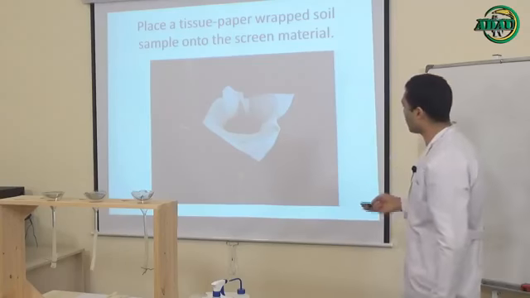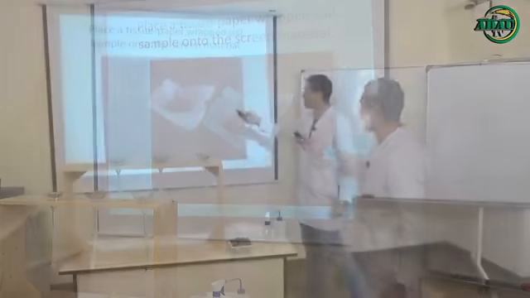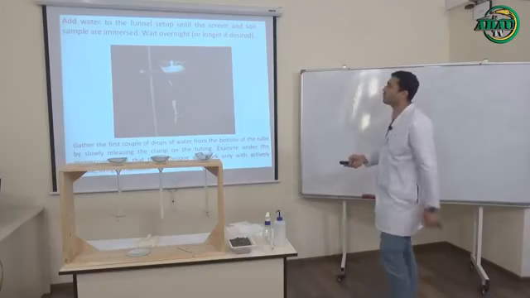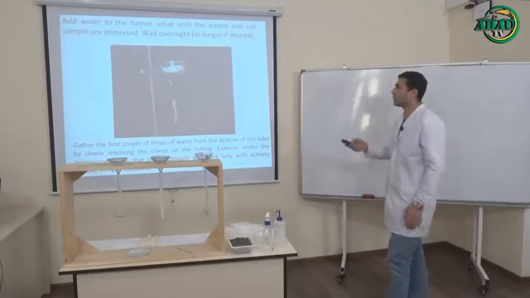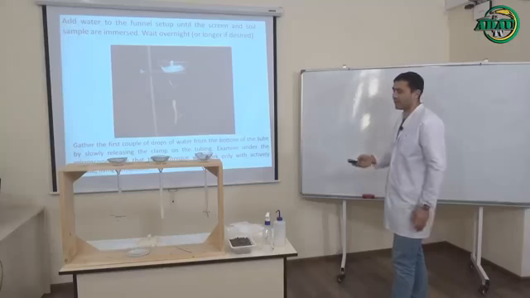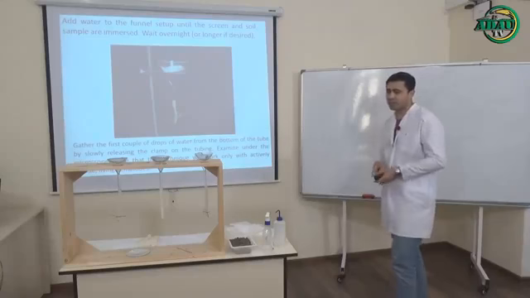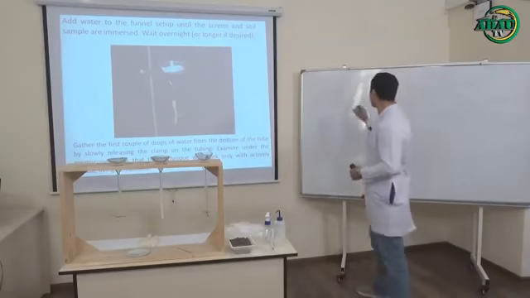After that we add our soil inside the napkin. Then we add water, step onto the screen on the soil sample, press it, and wait overnight. How long can we wait? More than 12 hours.